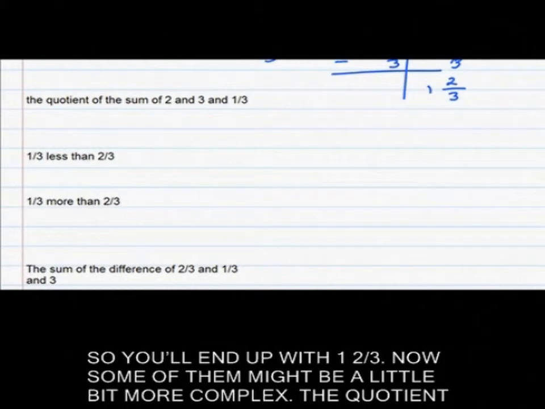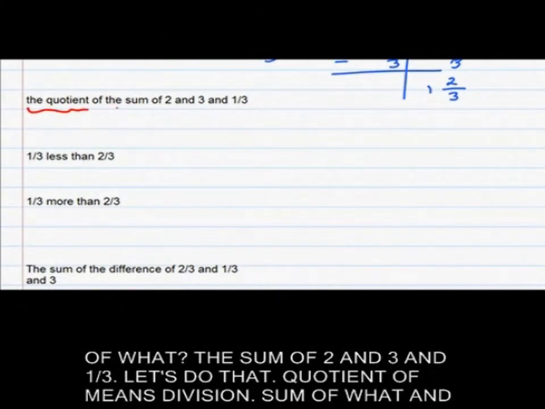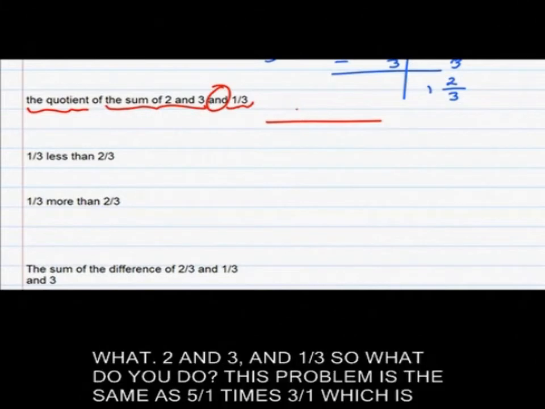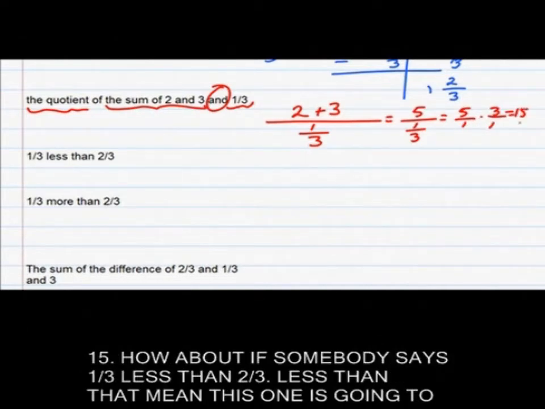Now, some of them might be a little bit more complex. The quotient of 2 and the sum of 3 and 1/3. Let's do that. Quotient of means division. Sum of what and what? 2 and 3 and 1/3. So this problem is the same as 5/1 times 3/1, which is 15.